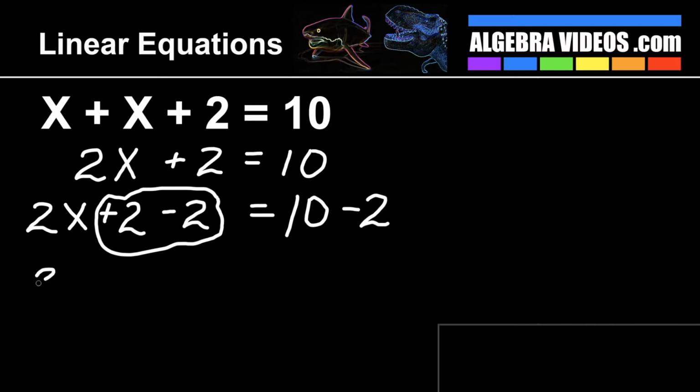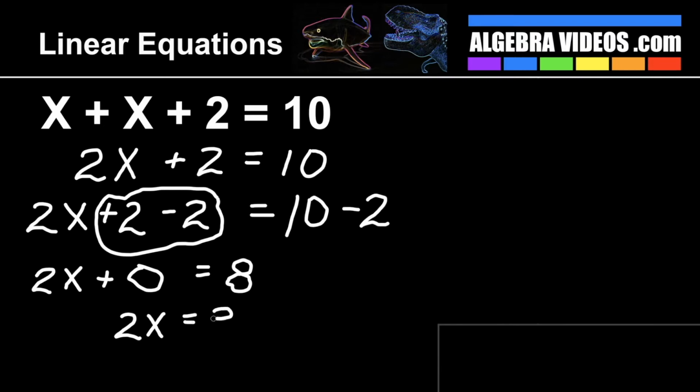So I could rewrite this as 2x plus 0 is equal to, on the right side, 10 minus 2. 10 minus 2 is 8. So 2x plus 0 equals 8. Or to say that another way, just 2x equals 8.